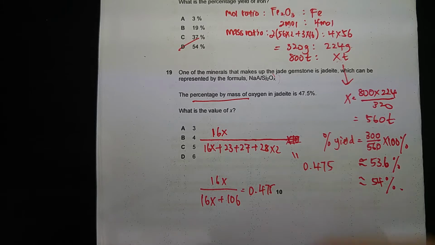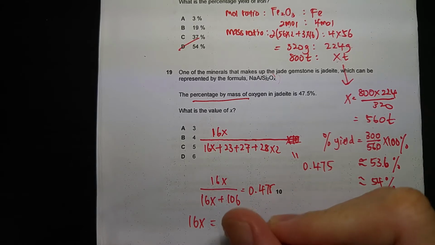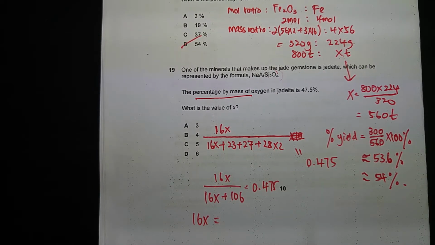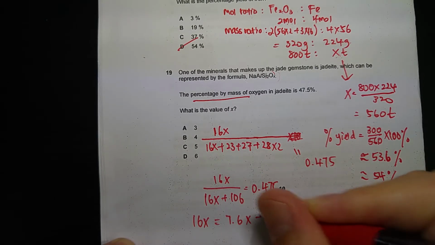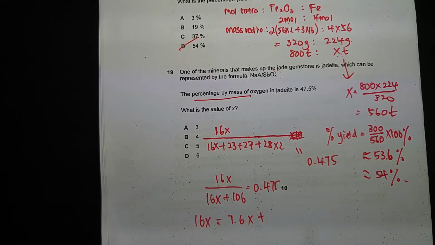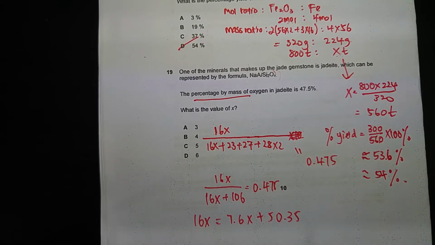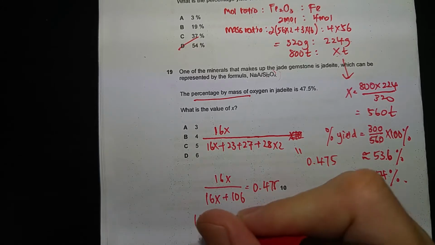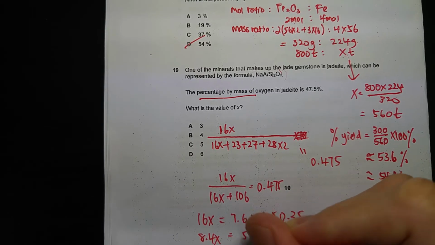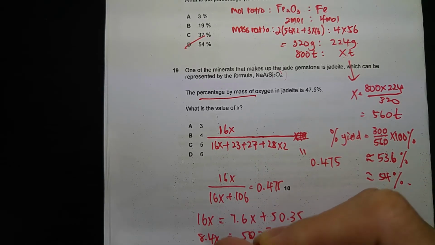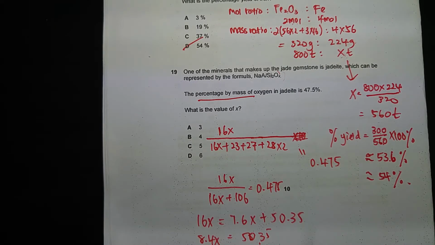You will get 7.6x plus 106.475, 50.35, and if you work it out, you get 8.4x equals 50.35, and your x should be 50.35 divided by 8.4.